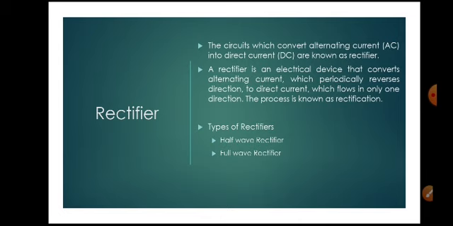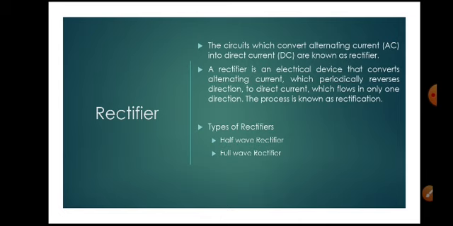So here AC is the alternating current, which changes its direction periodically, and direct current is a current which flows in a single direction, only one direction.